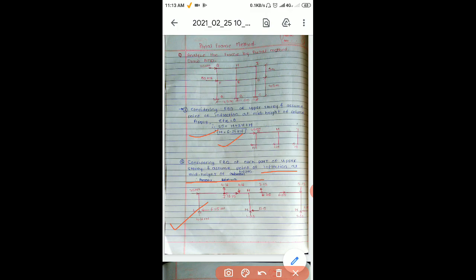We have done this analysis in our engineering mechanics also, where we studied how to calculate member forces. So use the same concept here. It is very easy, but the tricky part needs 100% concentration.